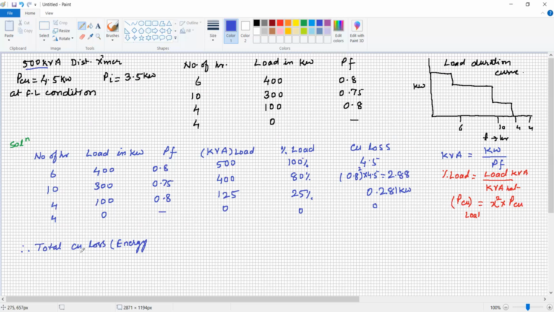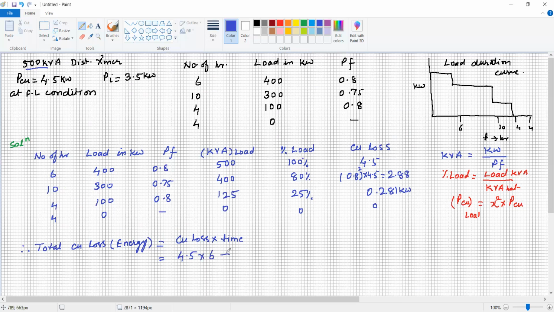Total copper loss energy is equal to copper loss multiplied by time. The first copper loss is 4.5 kilowatt multiplied by 6.